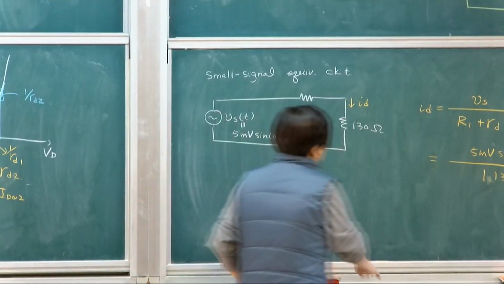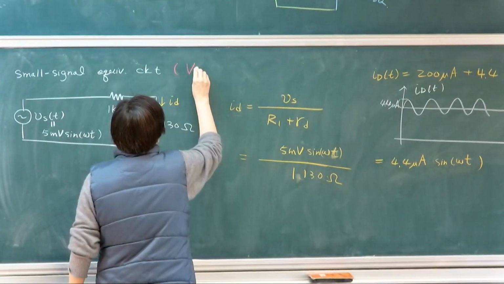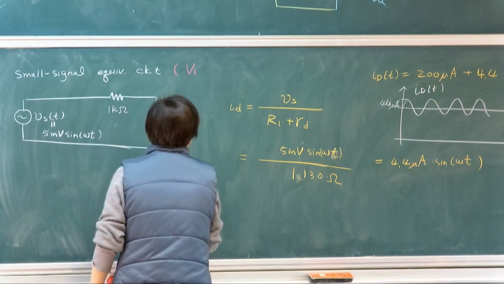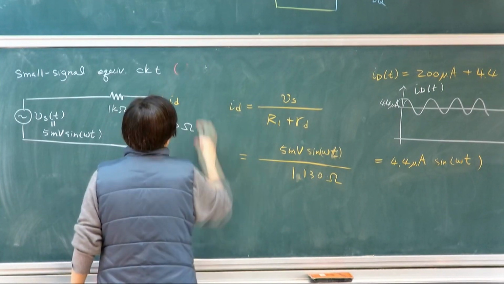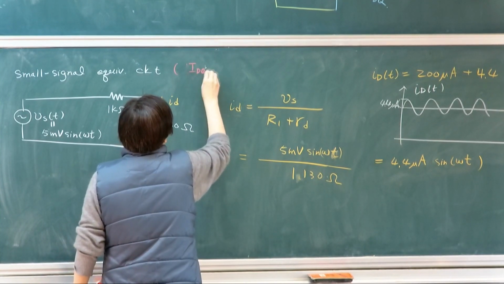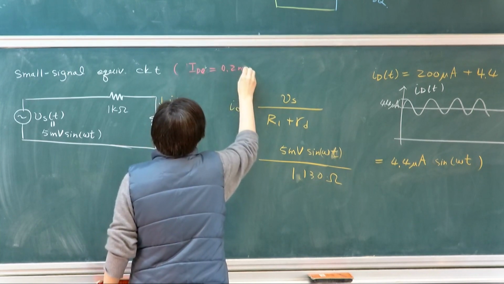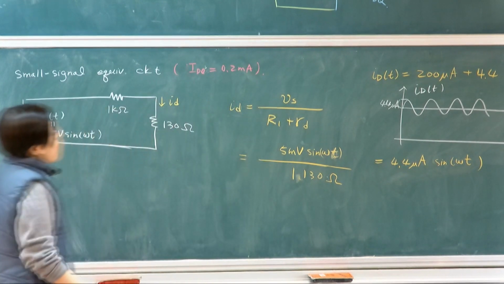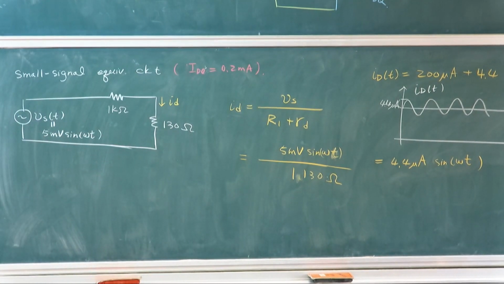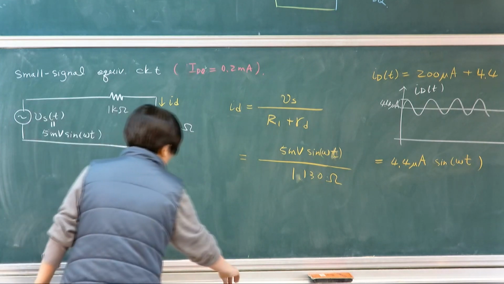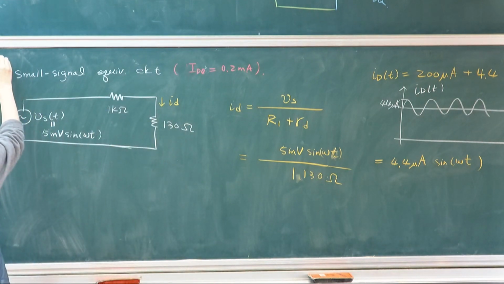So this is only true when IDQ equals to 0.2 milliamp. Okay? For example, if I'm changing my operating point. So what if I'm changing VB? So this is for, let's say, if I have a subsequent question.